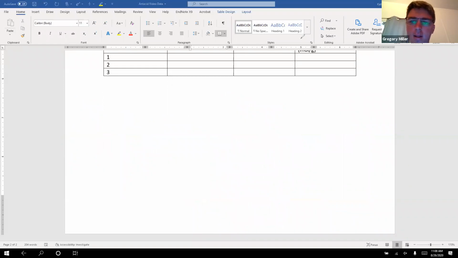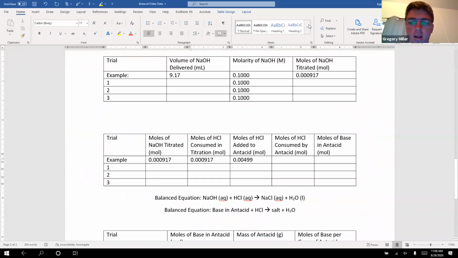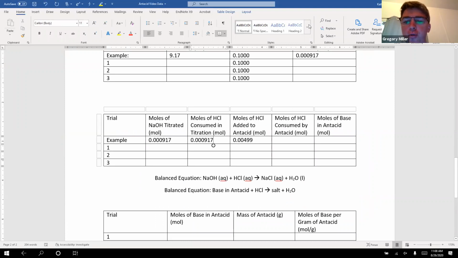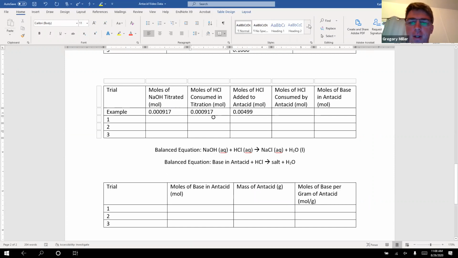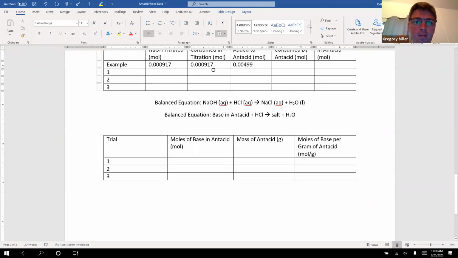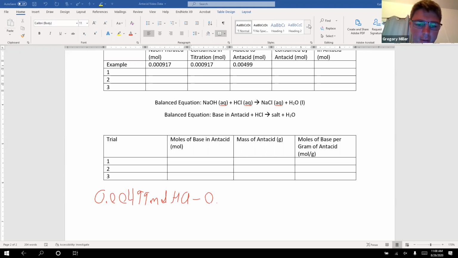That's this: the moles of HCl consumed by the antacid is how much HCl was removed. So that's just going to be the difference of what we had before and what we had after.